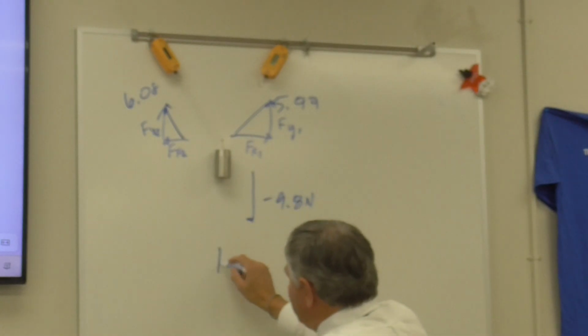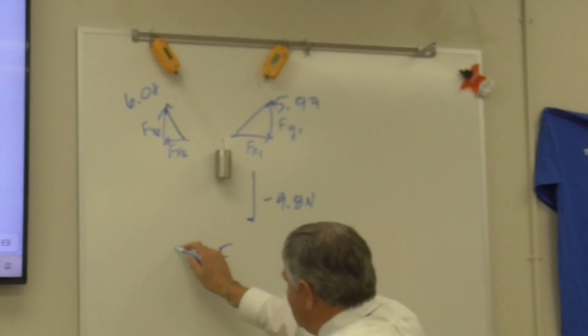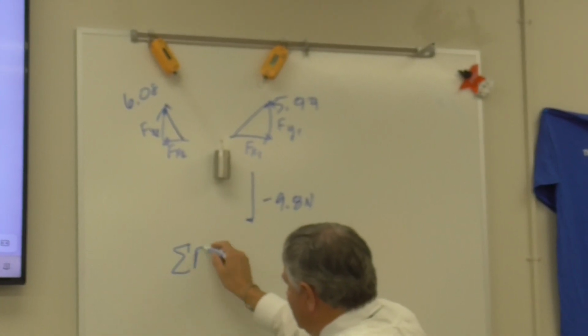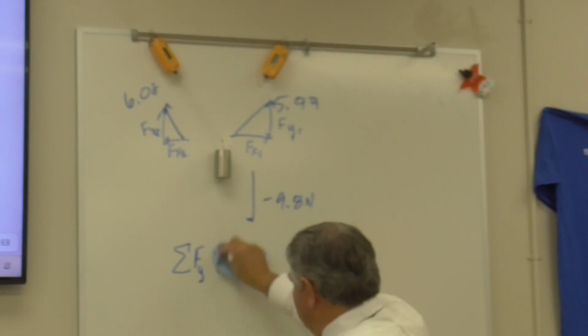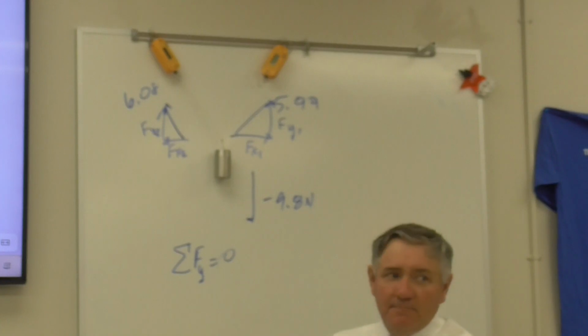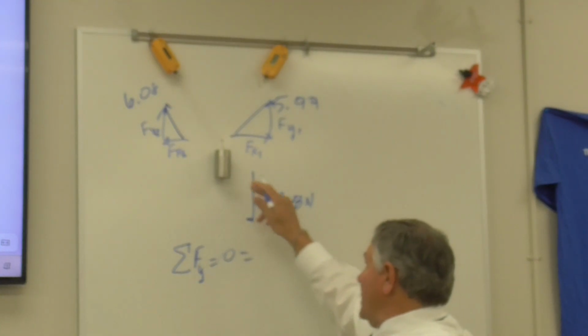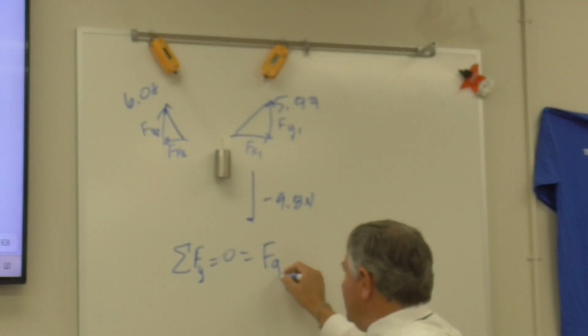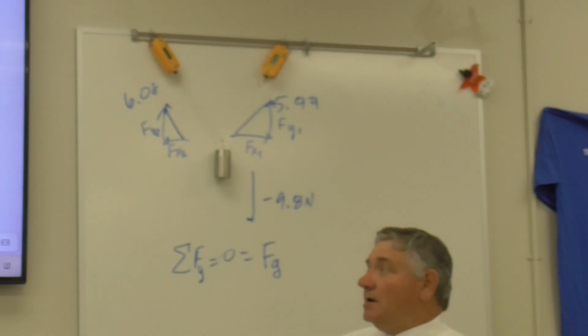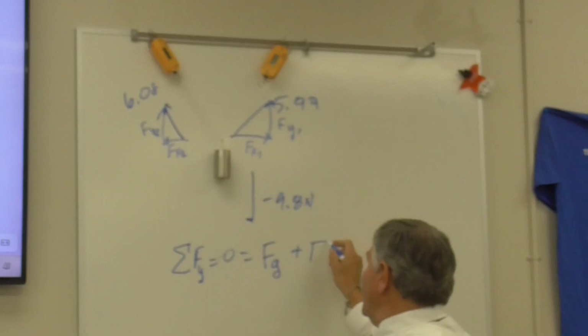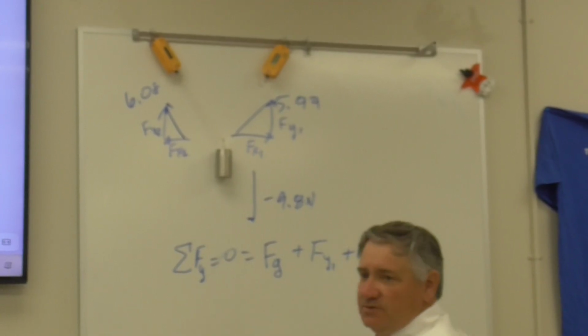So, mathematically, the sum of the forces in the y direction still has to add up to what? Zero. So you're going to have the weight of what's hanging down, which in this case would be negative 9.8, plus Fy1 plus Fy2.